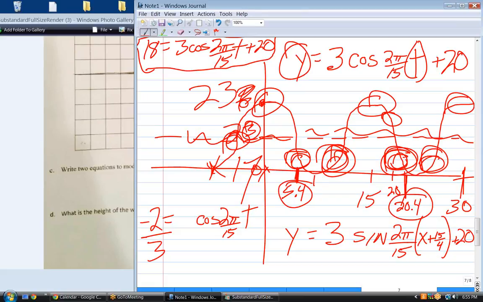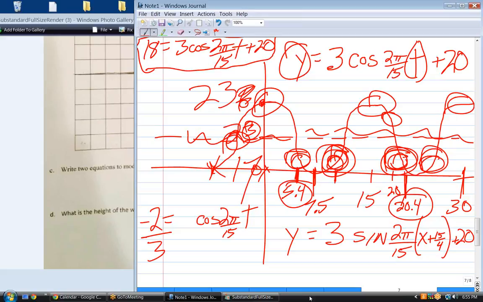Well, I know that that's 7.5, right? And I know that this is symmetrical. So I know this point where it's on the rise going up has to be the same distance from 7.5 as the 5.4 is.